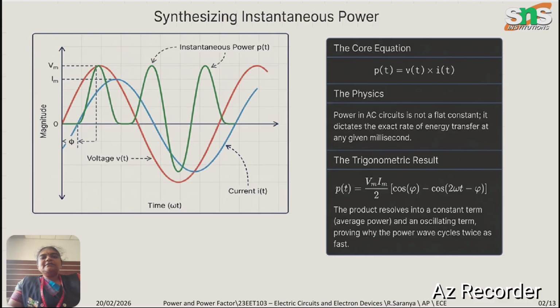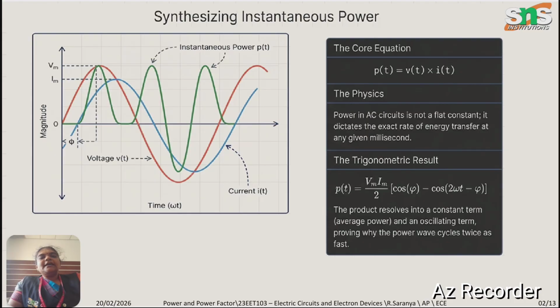Considering our sine wave, we are looking at instantaneous power. Instantaneous power p of t is given by the equation voltage times current, which varies with time. If you see the graph, the voltage and current vary instantaneously based on the time value.